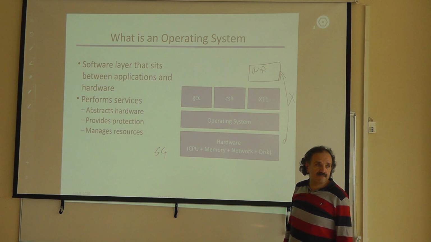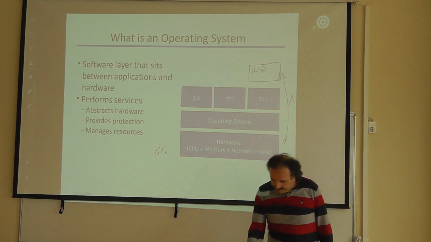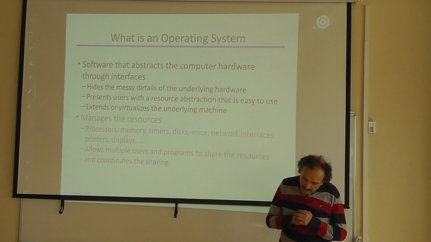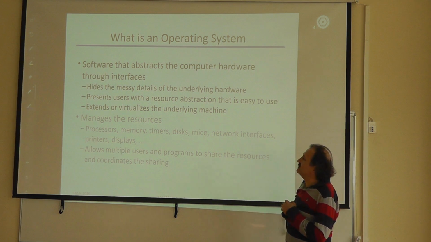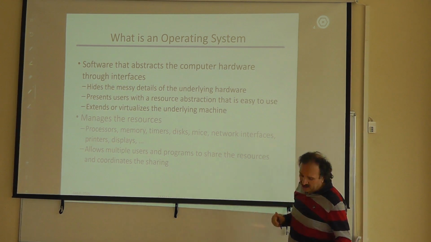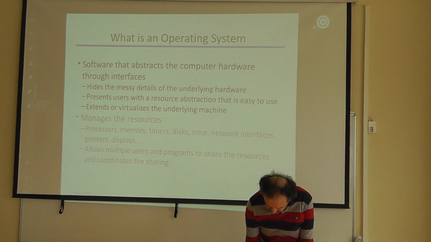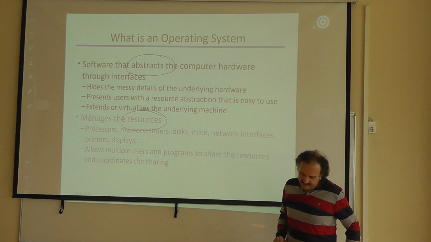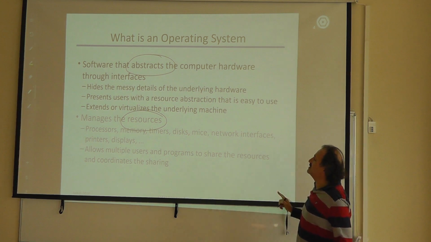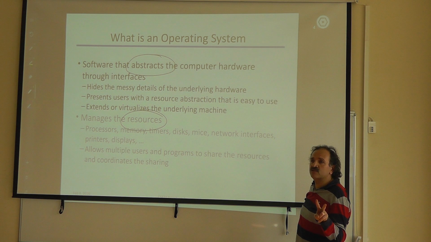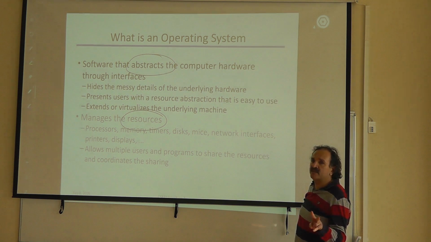Okay, any questions? Okay. So these are more explanations about those two things: abstraction and resource management. The operating system actually does two things. If they ask you a question, what is an operating system?